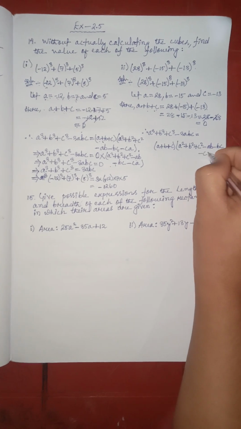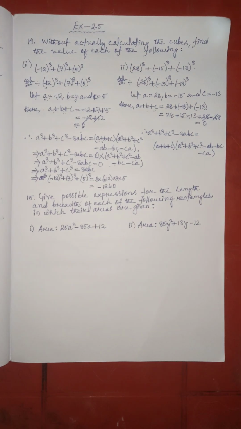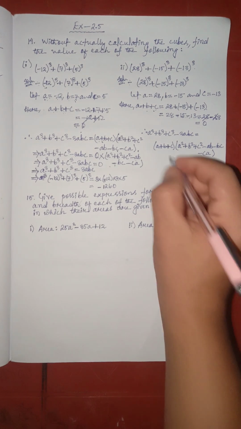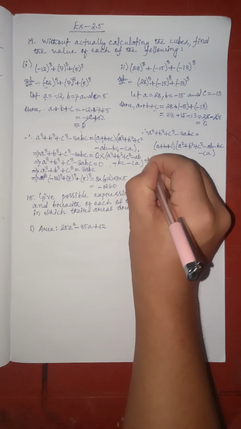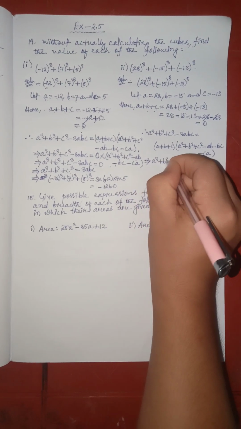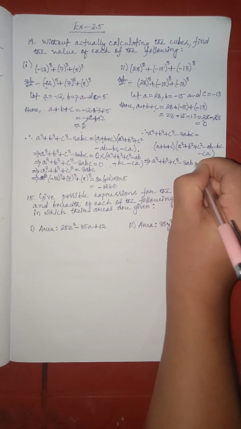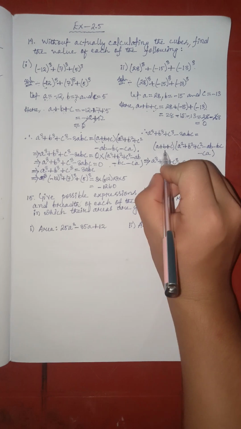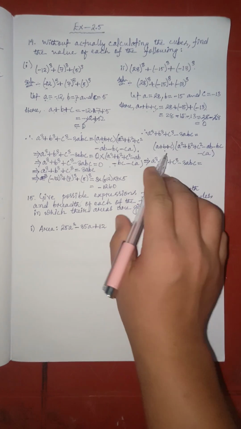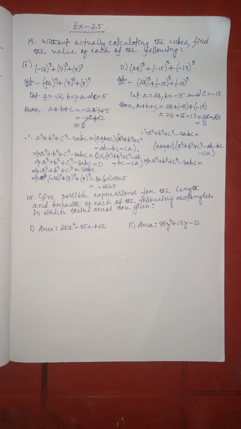BC minus CA, right? A cube plus B cube plus C cube minus 3ABC. And what is the value of this? Here, instead of writing one more step, we'll just jump into some other step to minimize the time.